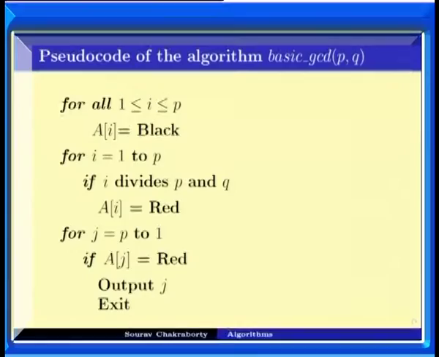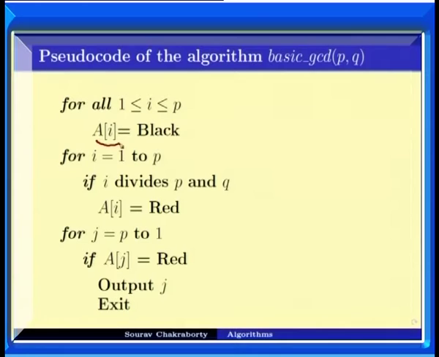The first algorithm was what we called the basic algorithm. When we are given two numbers p and q, we know that the GCD of p and q must be some number less than or equal to p. So we write down an array A which contains all the numbers 1 to p, and we move from left to right, from 1 to p, and if we find an i that divides both p and q, we mark that place in the array red.